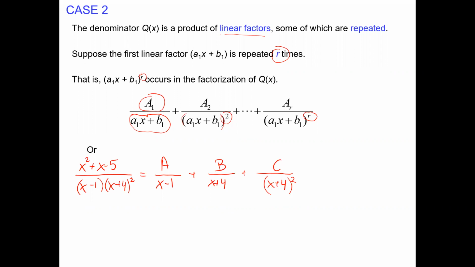If this will be, let's say, to the power of 3, we will keep working and we will place the same factor to the power of 3. That we can see, to fully and properly decompose the proper rational function, we will include power 1, 2, and 3 because it was 3. And of course the constant.